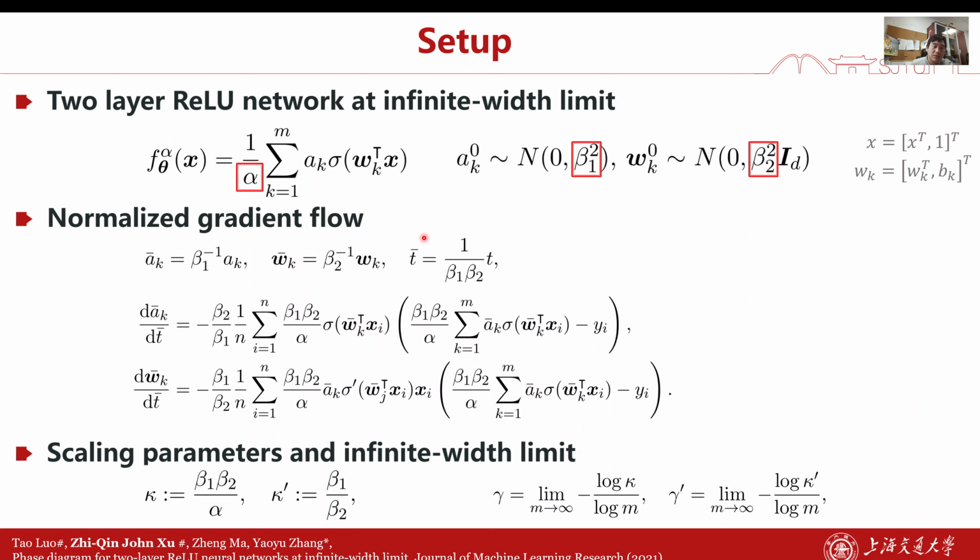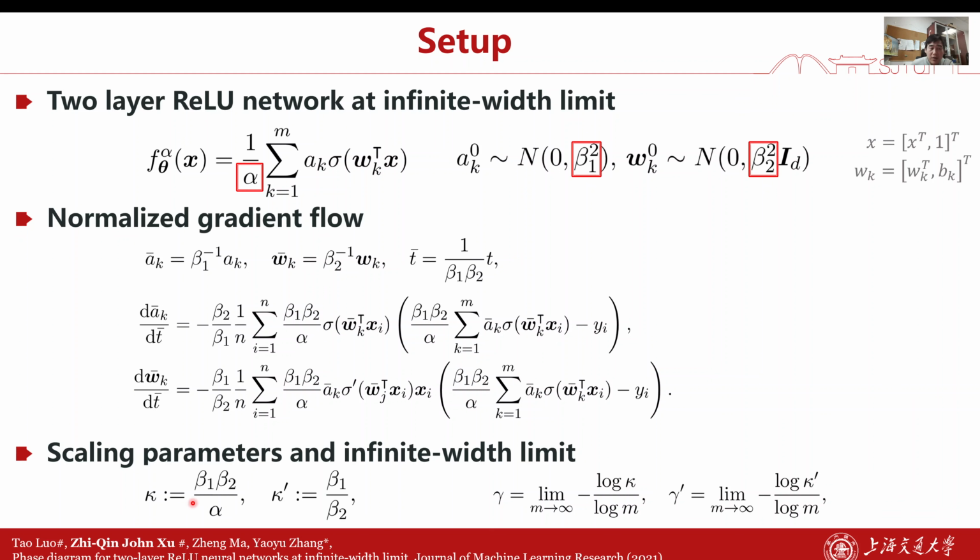So the scaling of evolution time is not important. There are two very important factors here. That is beta 1 times beta 2 over alpha. And the other is the ratio of beta 1 and beta 2. And now let's take a look at these two coefficients, but not into the details of the gradient flow, because they are so important for now.